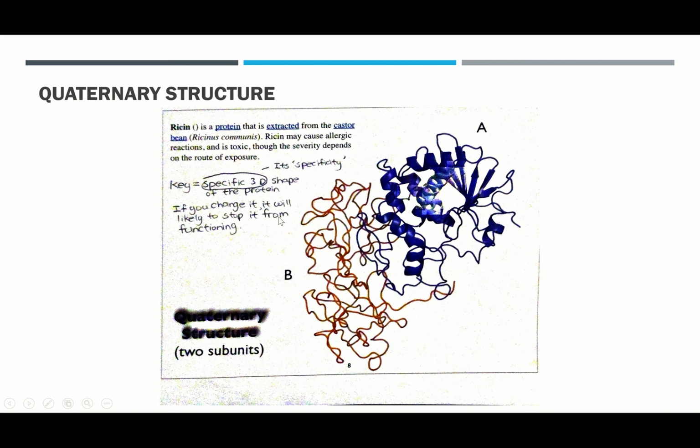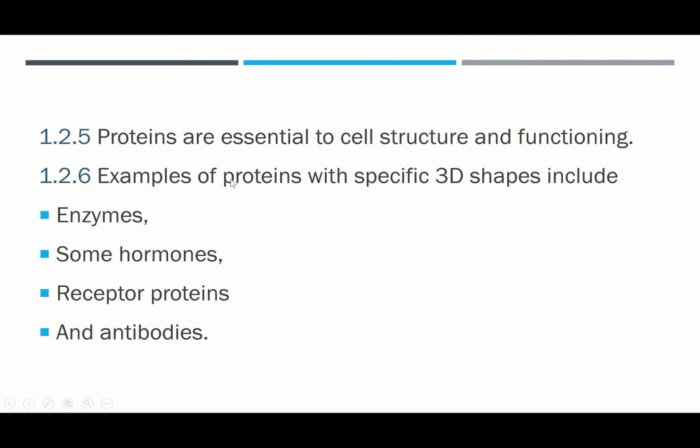If you change the specific 3D shape of the protein, you are likely to stop it from functioning. Or in biology terminology, if you change the specificity of the protein, you will probably stop it from functioning.